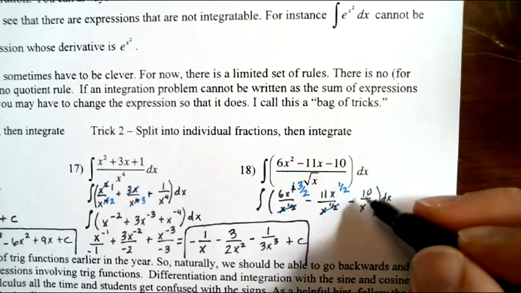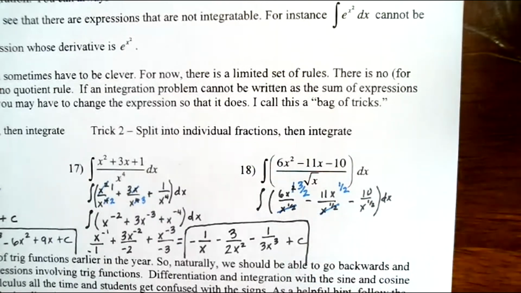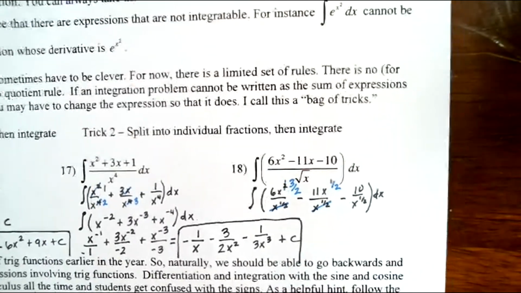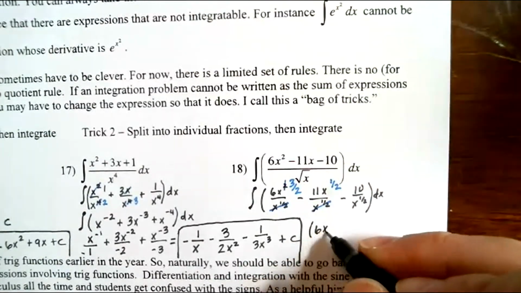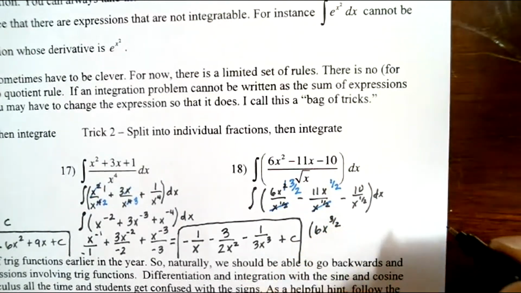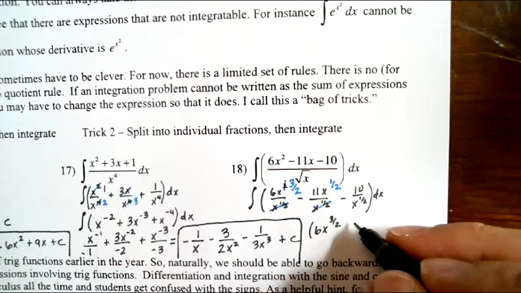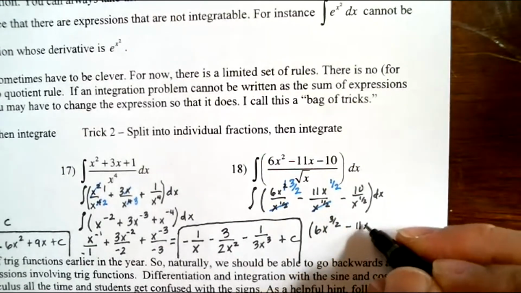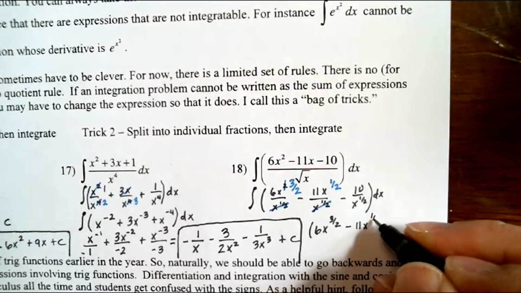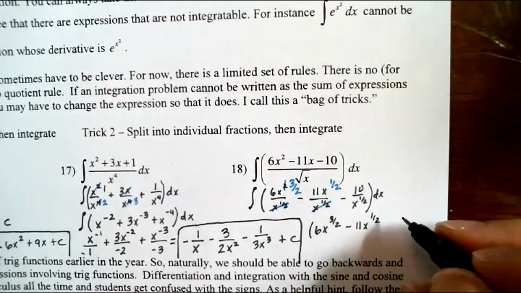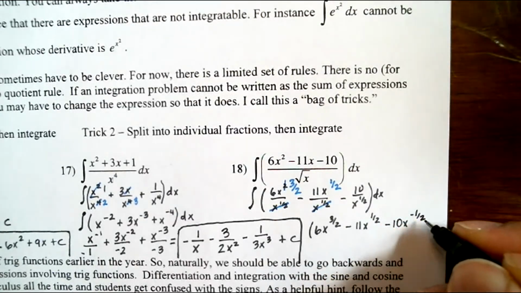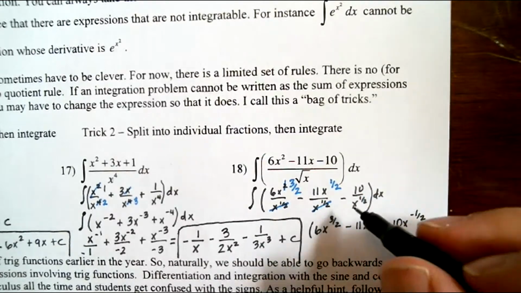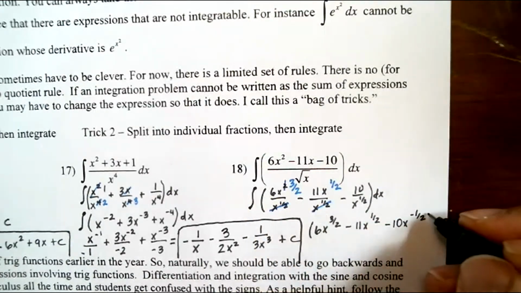And there I can't mess with that. Nothing to cancel. So then that leads me to 6x to the 3 over 2 minus 11x to the 1/2 minus 10x to the negative 1/2, because we have to lift that x up. All the rest of them are kind of taken care of.